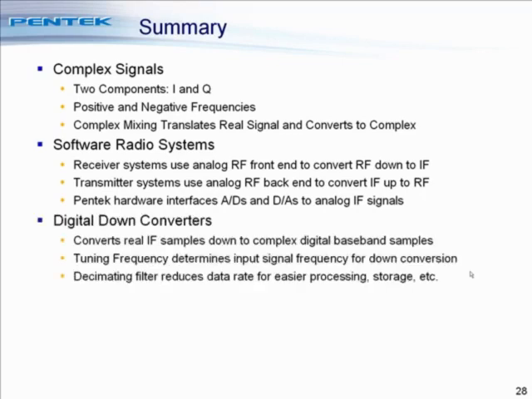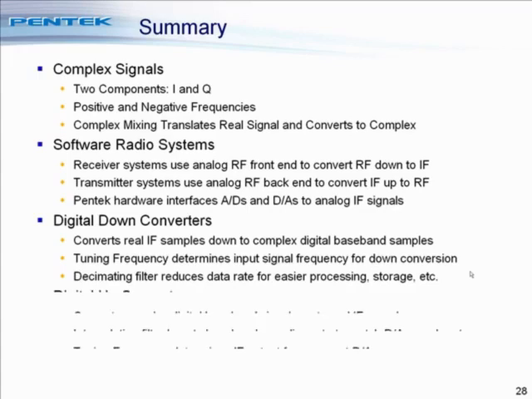In digital downconverters, we convert real IF samples down to complex digital baseband samples, and the tuning frequency determines the input signal frequency for downconversion. The decimating filter reduces the data rate for easier processing, storage, and so forth.